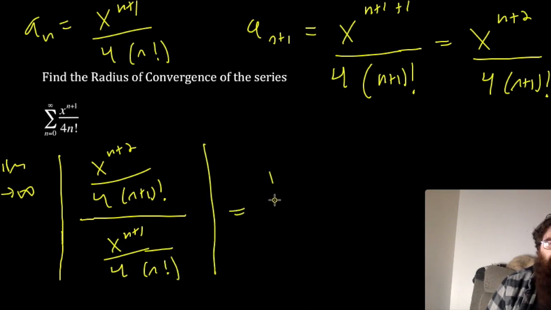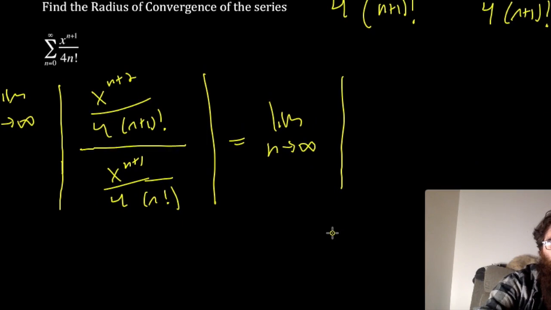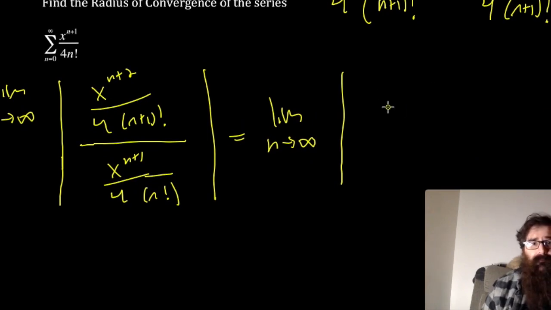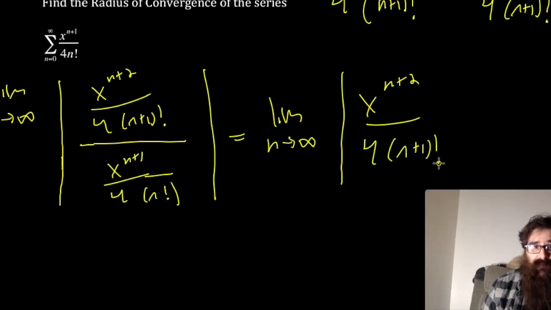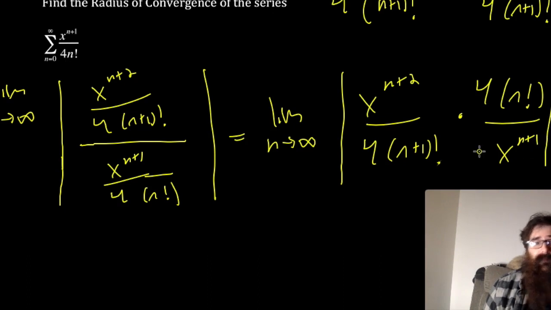And again, I don't want to divide by a fraction. If we get comfortable with ratio tests, we might even start by multiplying by the reciprocal. So I have x to the n plus 2 over 4 times n plus 1 factorial, and then times 4 times n factorial divided by x to the n plus 1.